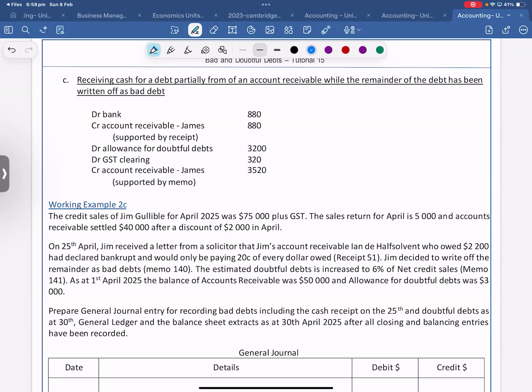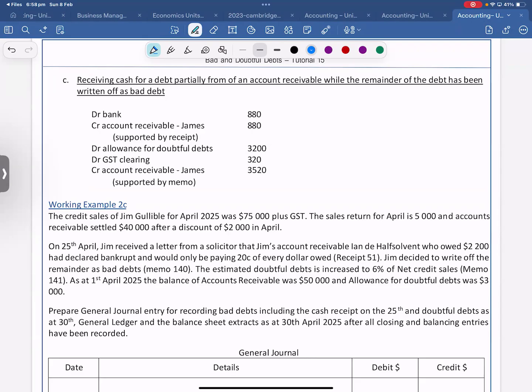Then, guys, this one you can have in two scenarios. First scenario is when the account receivable pays you, then we identify it as a cash receipt. That is when you have been given a receipt, the source document.